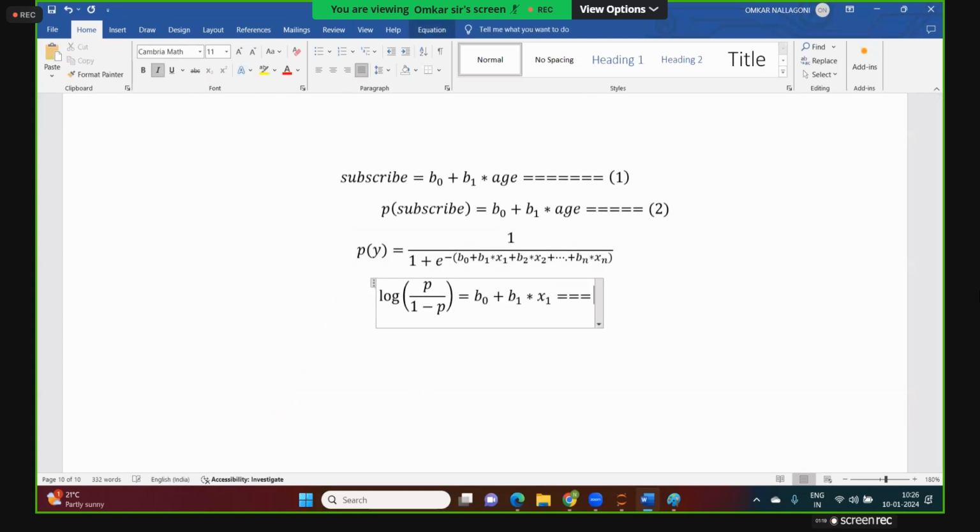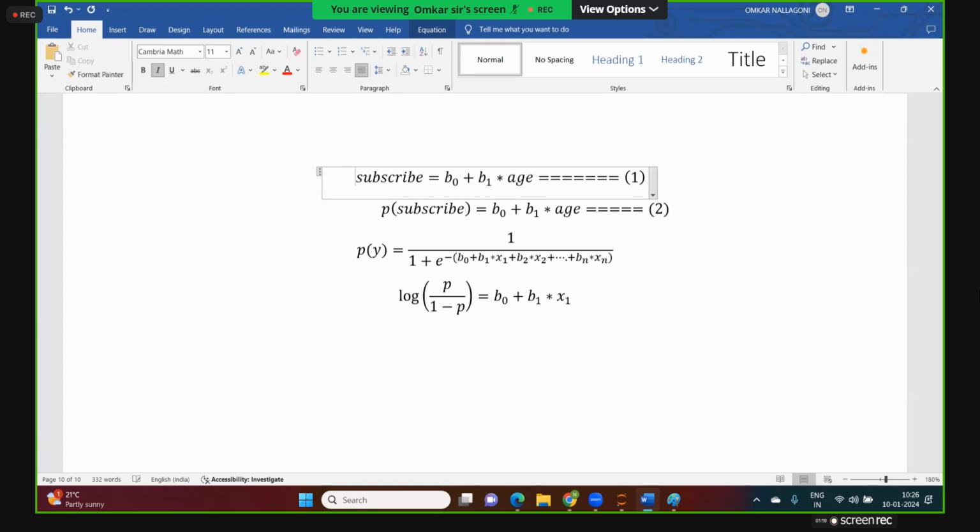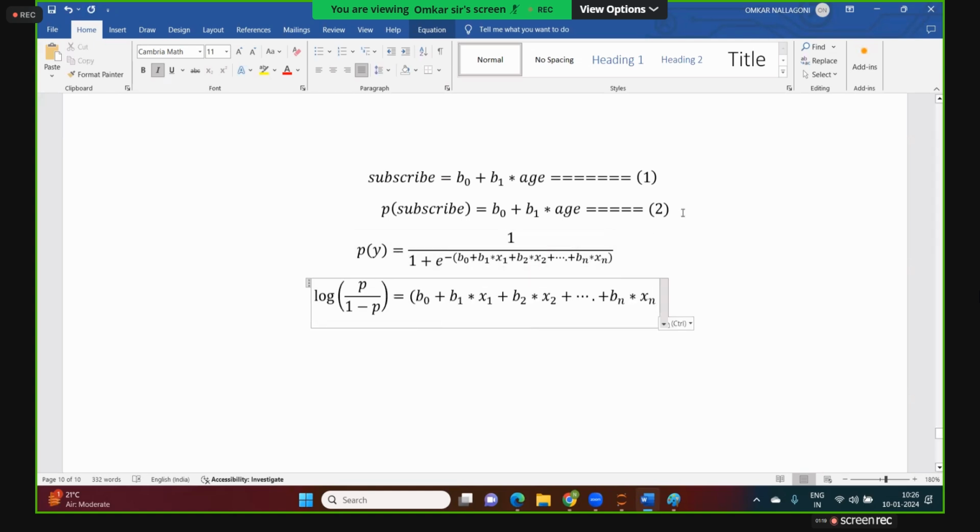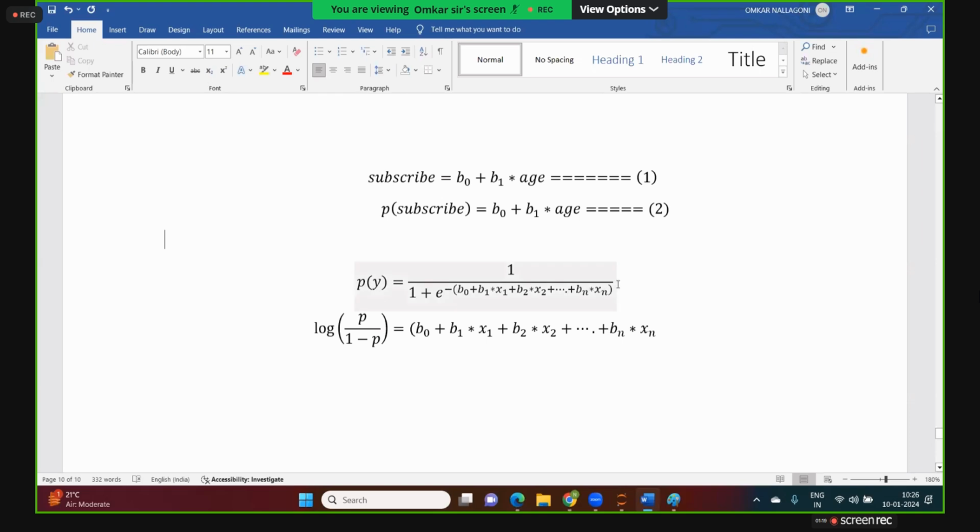Generally, only equation 3 and equation 4 are there in the textbook. Equation 1 and equation 2 are to help you understand why we are going like this, why we are going to the classification problem and using this. You need to explain logistic regression. Equation 3 and equation 4 are very, very important.